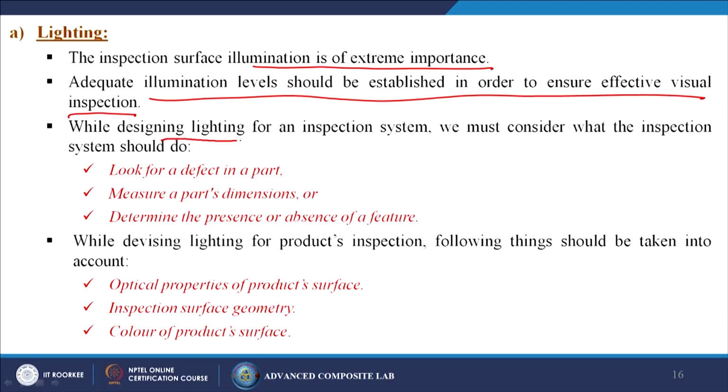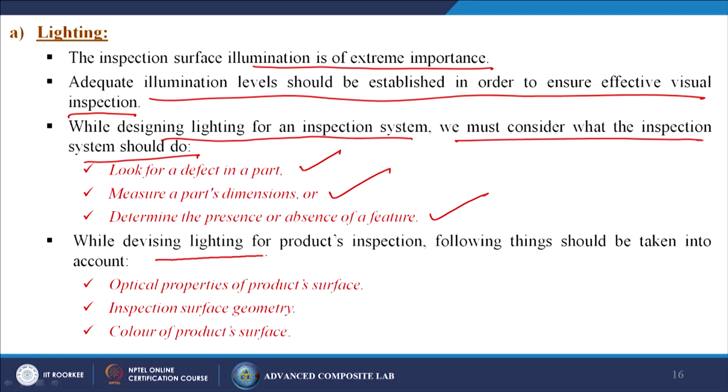While designing lighting for an inspection system, we must consider what the inspection system should do: look for a defect in a part, measure a part's dimensions, or determine the presence or absence of a feature. While devising lighting for product inspection, the following things should be taken into account.